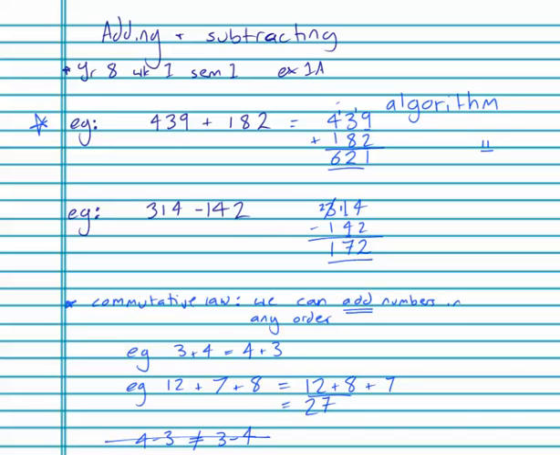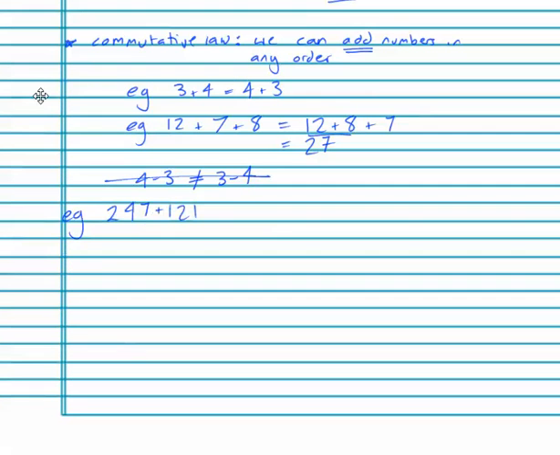Sometimes we can just do mental sort of grouping, which is almost exactly what we do with our algorithm. So if I have to do 247 plus 121, I can break that down. I've got 200 plus 100, so I'll deal with the hundreds, and I've got 40 plus 20, and I've got 7 plus 1.